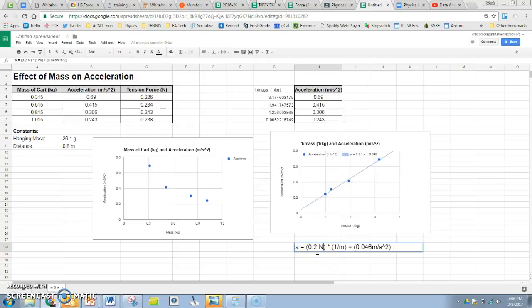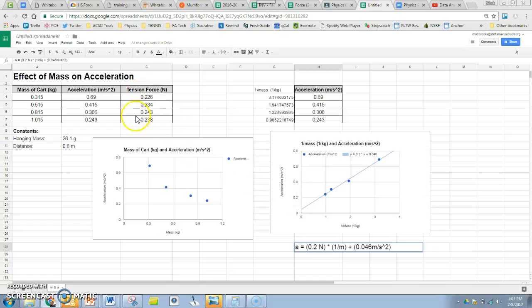What might the slope of this be based on knowing the units? Well, since newtons is a unit for force, maybe the slope of this graph is force. How will I know? I want to check it with my experimental data. So the slope of 0.2 we think might be the force. Well, what was the force causing this cart to accelerate?